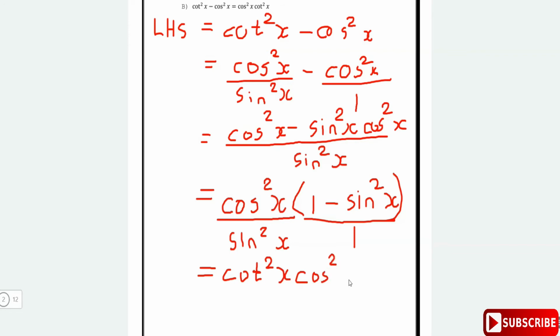So we get cos square times cot square times cos square, which we know is just the right-hand side. Easy proof, nice. That's how we prove part B.